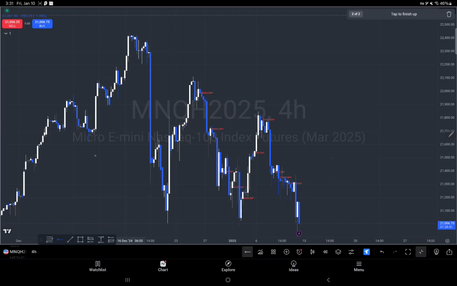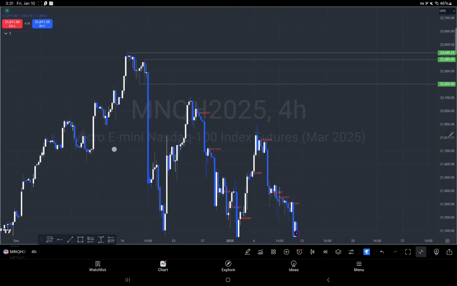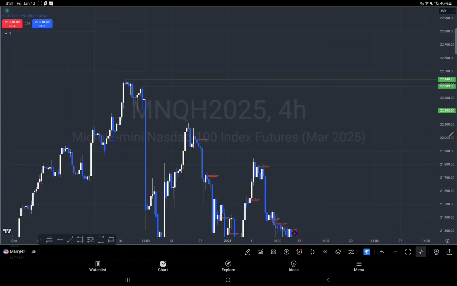I don't use it all the time, but when I see it, I definitely do use it. So when you're looking at the market making a high, and then it made a temporary low, and then it tries to make another high, and it did not make that high, what is this? A swing.